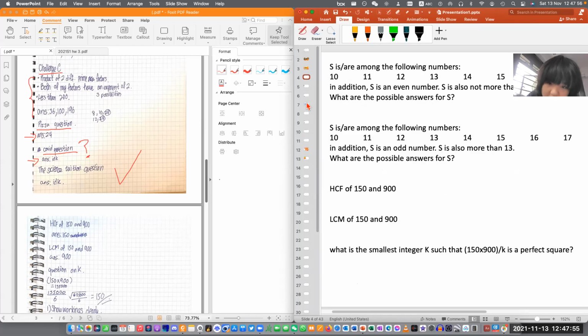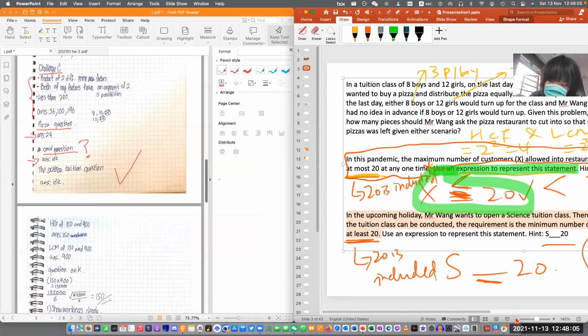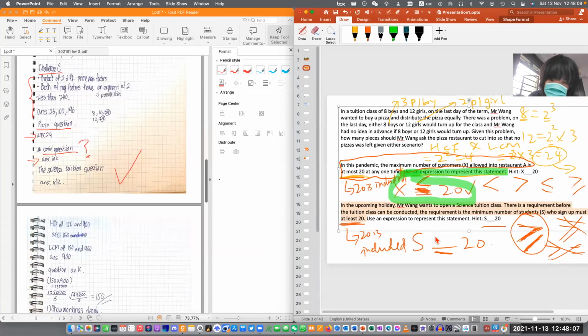Let's get back to the question. Good. So same thing. Instead of writing down so much in English, you could have used a simple expression here. So at least 20 means it needs to be more than 20, in other words. A simple mathematical representation replaces this many words.